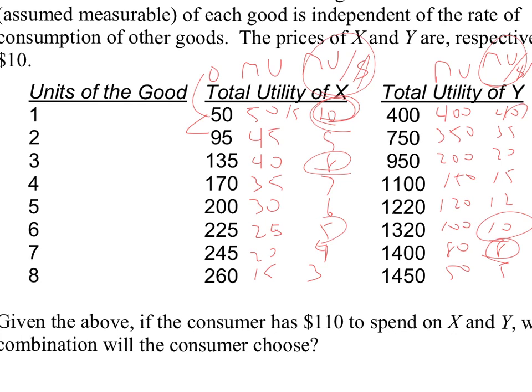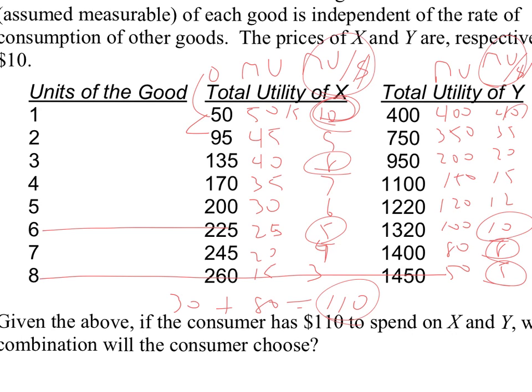So we keep going and we find a match here at 6 units of good X, 8 units of good Y. 6 times 5 is 30. 8 times 10 is 80, for a total of $110. So there's the solution. The consumer will maximize utility by consuming 6 units of good X, 8 units of good Y.